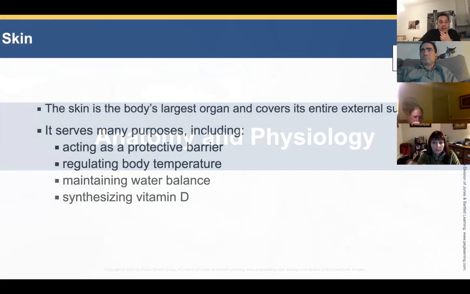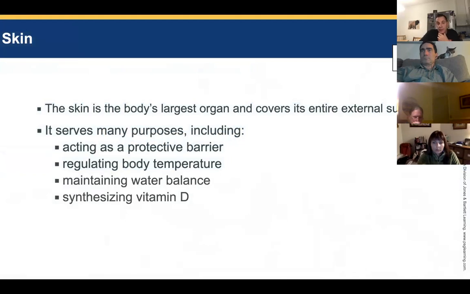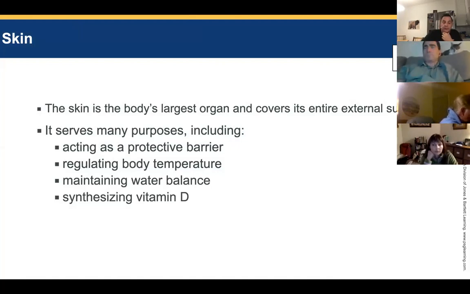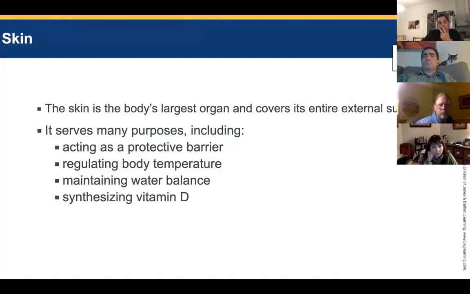Anatomy and physiology, it's the largest organ. You'll probably see that question again. It covers the entire external surface of our bodies, acting as a protective barrier, regulating body temperature, maintaining water balance, sensitivity, vitamin D. Anybody tell me where we get vitamin D for the most part?